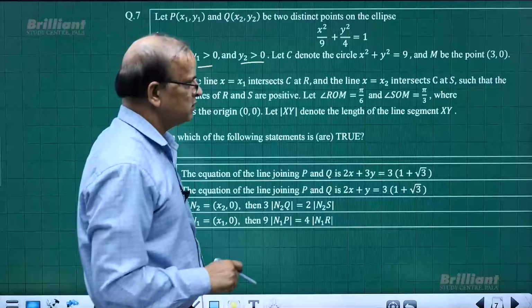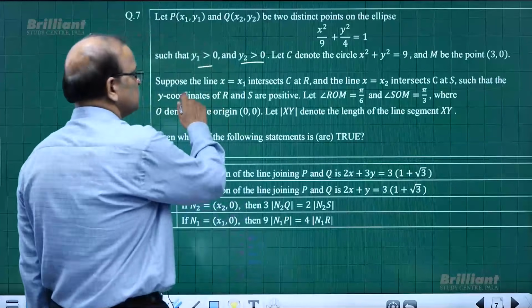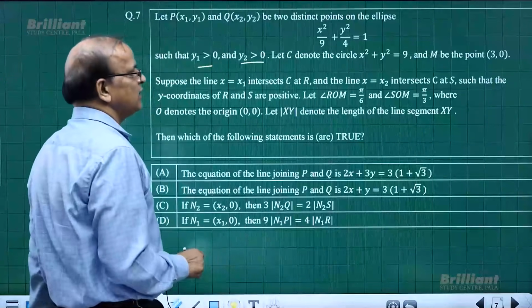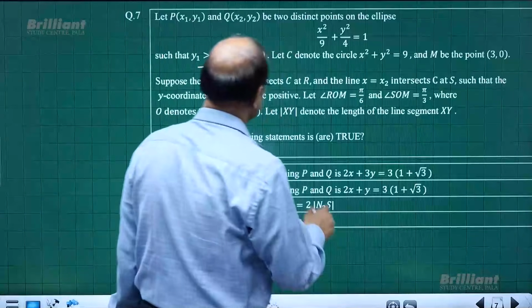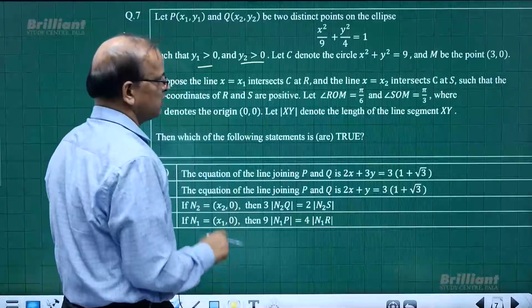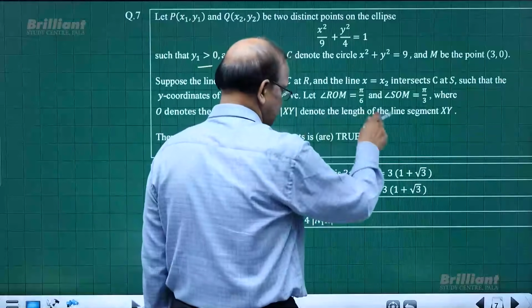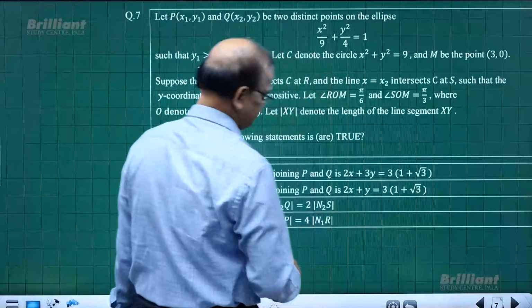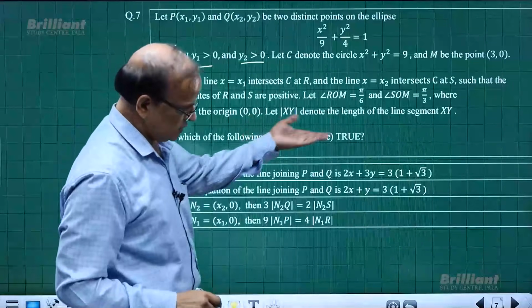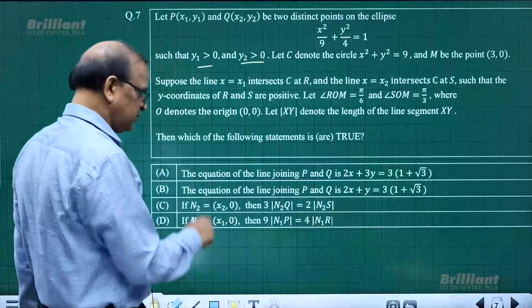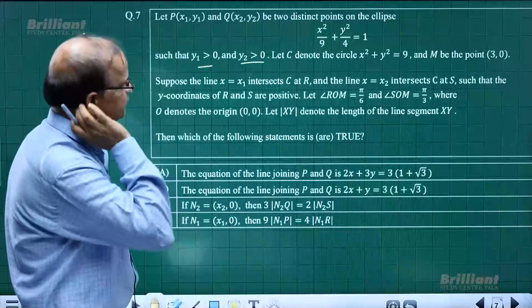M is the point (3, 0). Suppose the line x equal to x1 intersects C at R, and the line x equal to x2 intersects C at S, such that the y coordinates of R and S are positive. Let angle ROM be pi by 6 and angle SOM be pi by 3. O denotes the origin. XY is the distance between points X and Y. Then which of the following are correct?